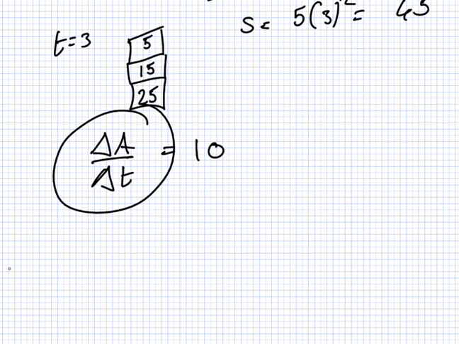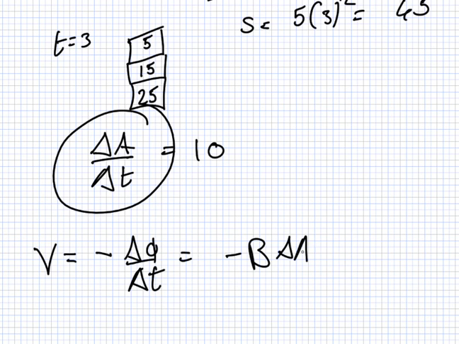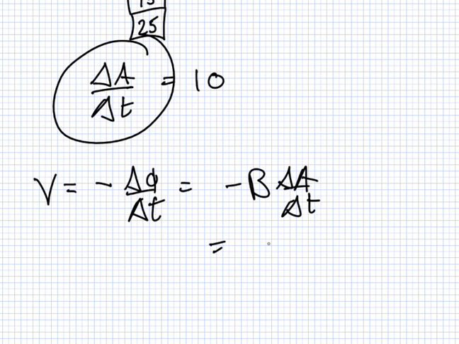Okay, so I wonder if I get the same answer using this. Voltage equals minus the change in flux over the change in time, which here is minus B times the change in area over the change in time, which here is 2 times 10 to the minus 5 times 10, which is 2 times 10 to the minus 4.